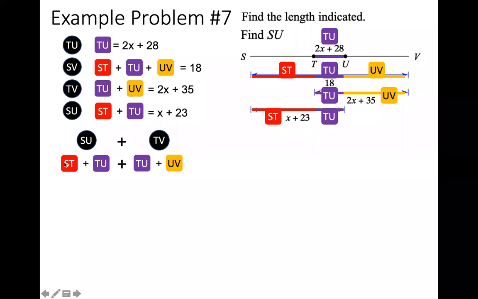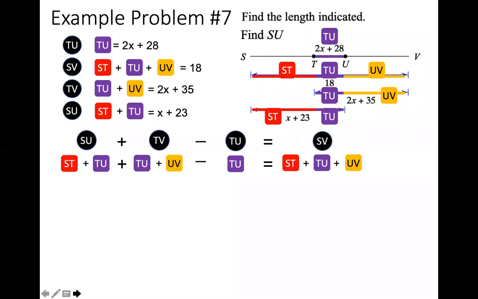Over here, I've got 1 red, 2 purples, and a yellow. So if I wanted just this entire line, SV, I'm double counting purple here. So I could subtract out the top line, which is TU. So now I have a red, 2 purples, and a yellow, but I've subtracted out a purple, so I've got just 1 red, 1 purple, and 1 yellow, which is equal to the second line, SV.